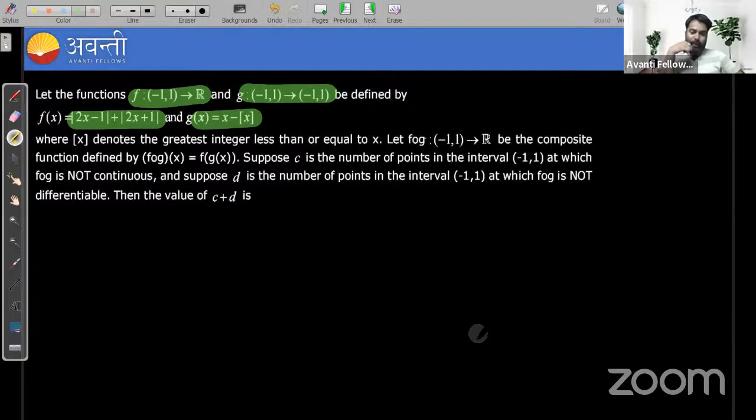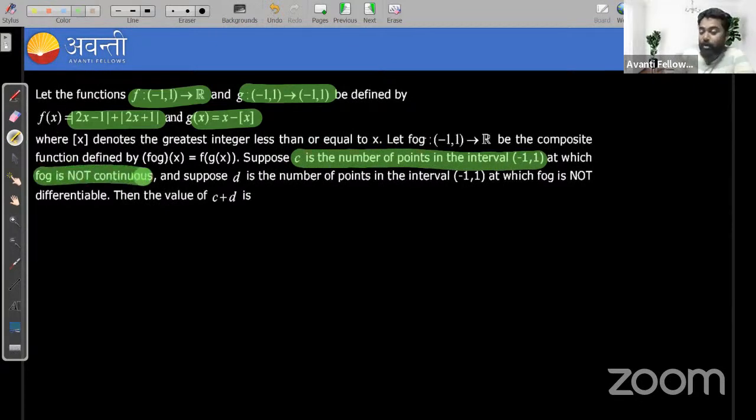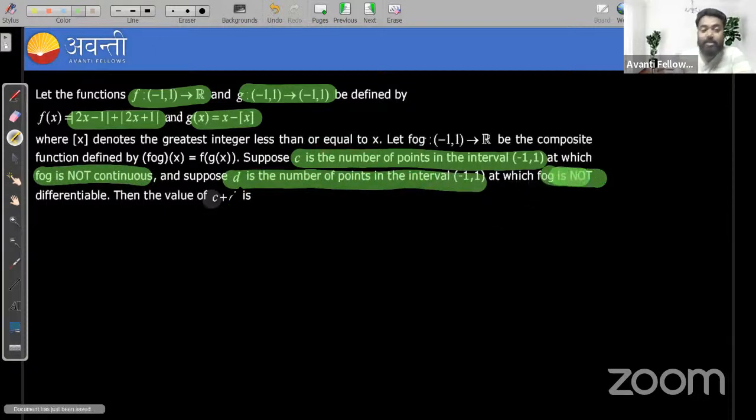Okay, then, so this is given in the question: c is the number of points in the interval minus 1 to 1 where f of g of x is not continuous, and d is the number of points in the interval minus 1 to 1 where f of g of x is not differentiable.